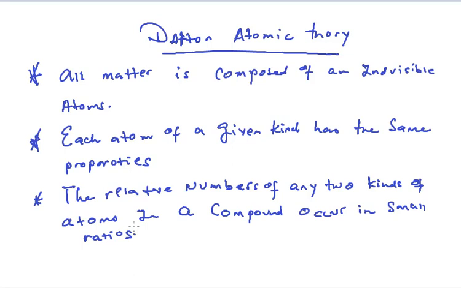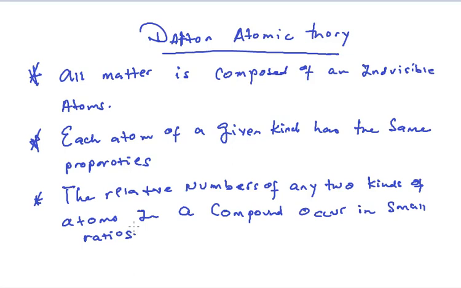So when Dalton says the relative numbers of any two kinds of atoms in a compound occur in a small ratio, this law can be deduced as the law of constant composition. For example, water is a compound. What makes us think that water is a compound? Because water always has a definite proportion.